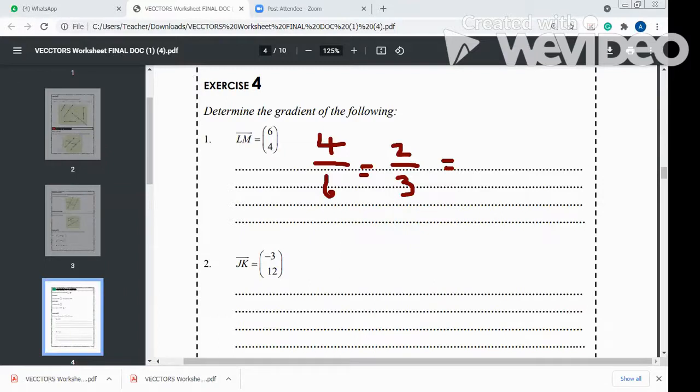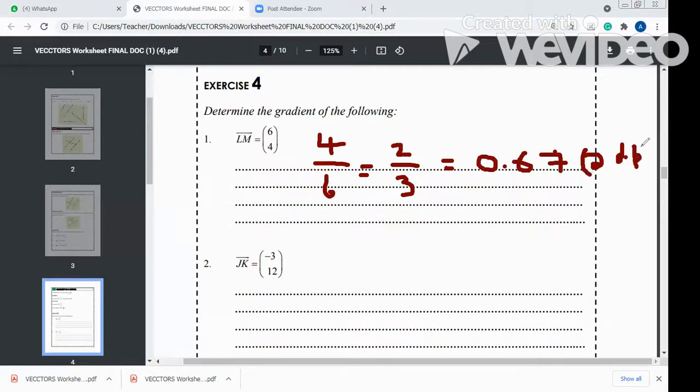Sir, I thought it was 4 at the top and 6 at the bottom. No, it's the other way around. What is 2 divided by 3 as a decimal? 0.6. 0.6 is a recurrent decimal, not true? Right, so it's 0.666, which will be 0.67 if I say to 2 decimal places.